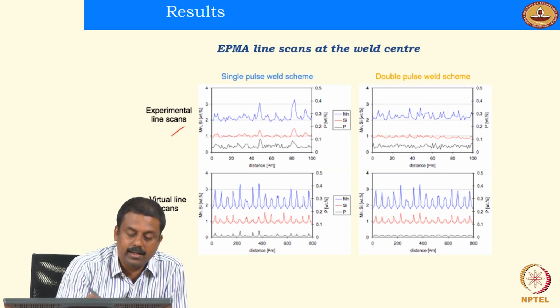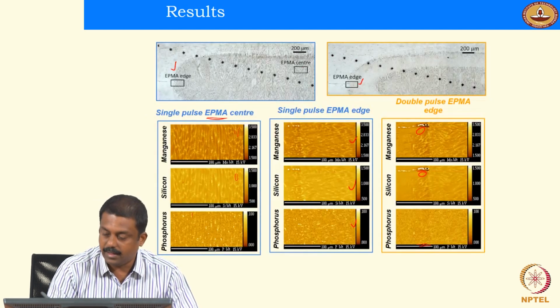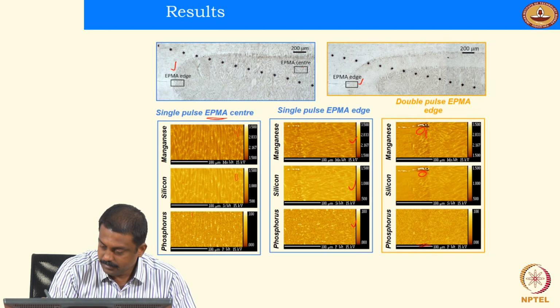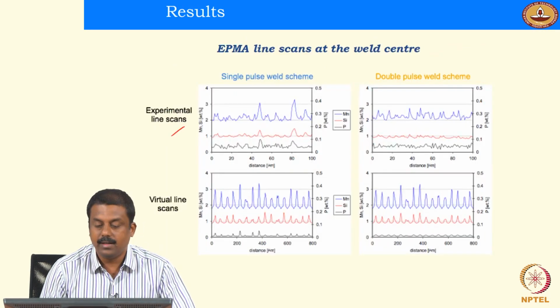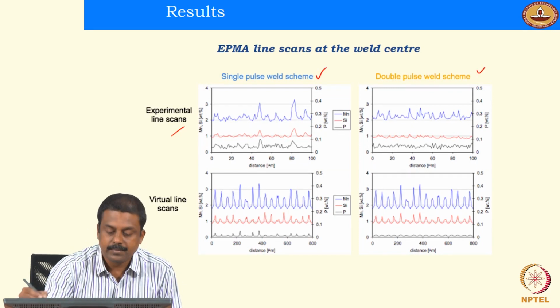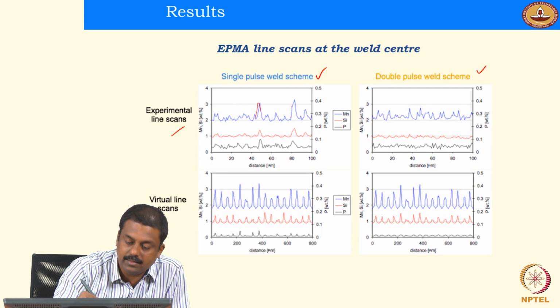This is the experimental line scan during the second pulsing. So for example, a line scan is carried out somewhere here, somewhere over there, for example somewhere over here, during single, after single and double pulsing. You see clearly the manganese is segregating in some regions. Those regions are all the boundaries.